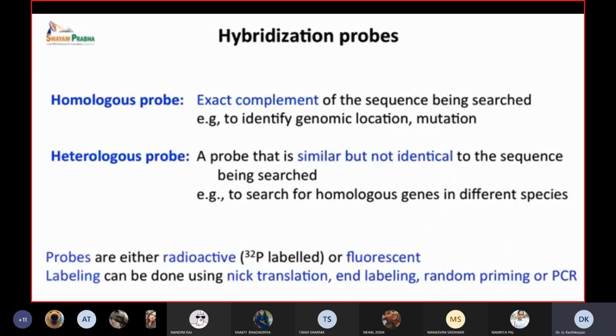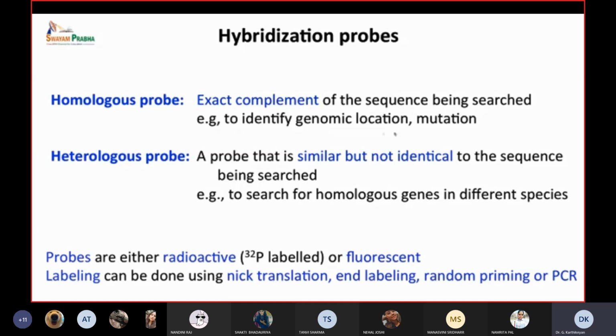So these probes are of two types, the homologous probes or heterologous probes. Homologous probes, as the name suggests, are from the same organism. And these are the DNA fragments which are the exact complement of the sequence that is being searched.